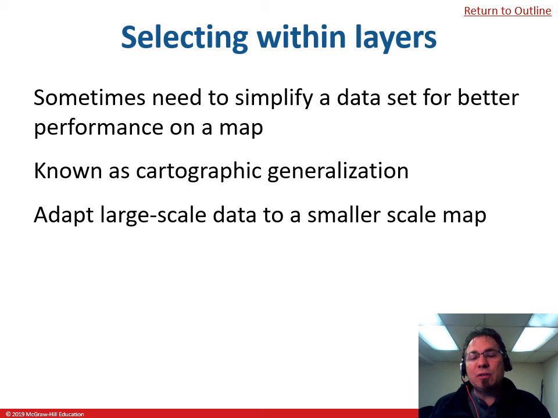So, like in chapter 4, and then again we'll do some more in chapter 6, you have to select within layers. You don't need to carry around any unnecessary data. Okay, so you're going to want to select by attribute, or something called select by location, which we'll get to later, to whittle down the data to just what you need to tell your story. That's hugely important.